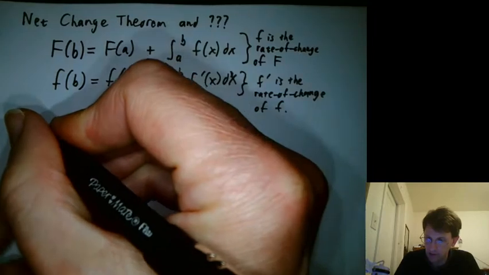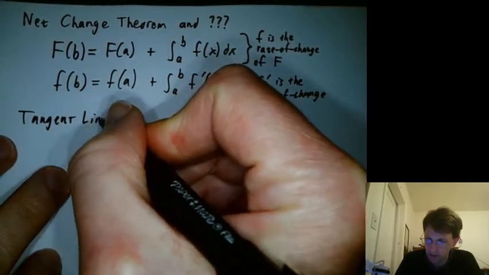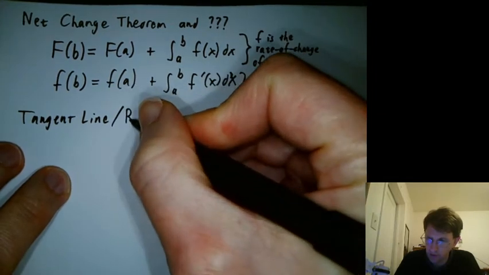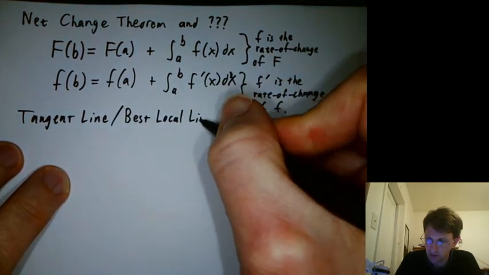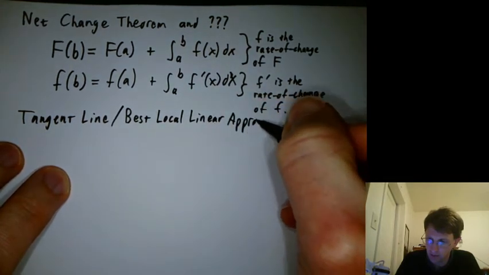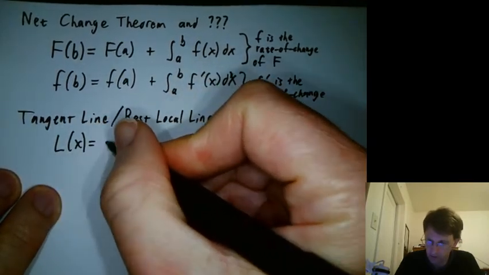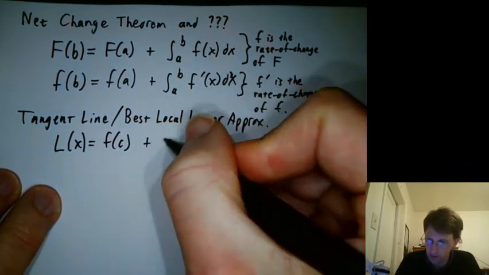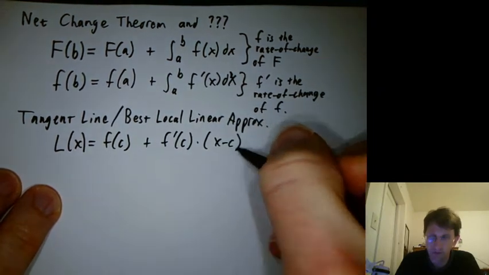Well, that was our tangent line, right? So tangent line, which we also call the best local linear approximation. We wrote that as L of x equals f of c plus f prime at c times x minus c.